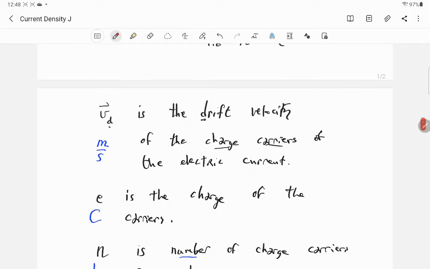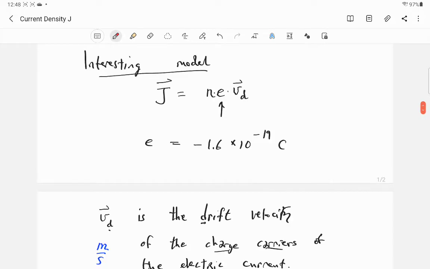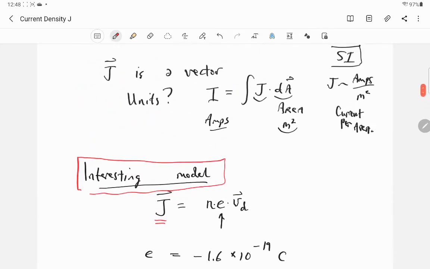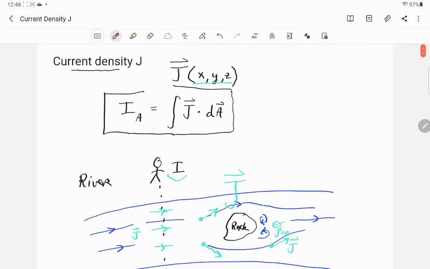But the point is this is how we are going to model the connection between what we call a current density, called J, right? Its relationship to the electric current, which is not the same thing as current density. Current is just plain old amperes.